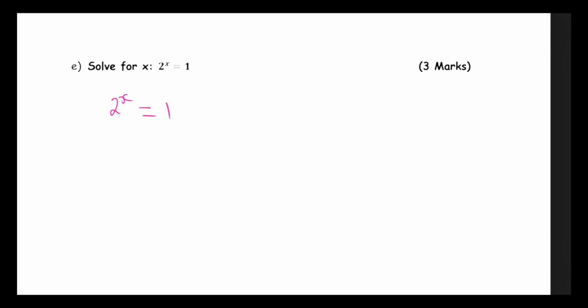Remember that you can write 1 as any number raised to power 0. So we can write 1 as 2 power 0, that is, we can have 2 power x being equal to 2 power 0. Remember, this is the same as 1.